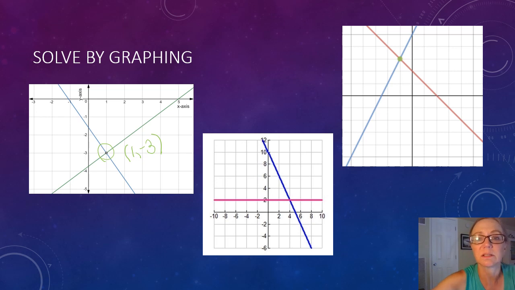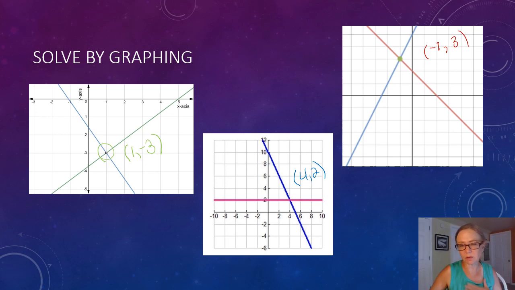In the second system, the solution is the point (4, 2). And in the third system, the solution is the point, I'm going to assume (-1, 3). They didn't give me any numbers on my axes, so I'm going to assume they counted by ones, and it's (-1, 3). So you can see that once you've got the graph, the solution is super easy to pick out.